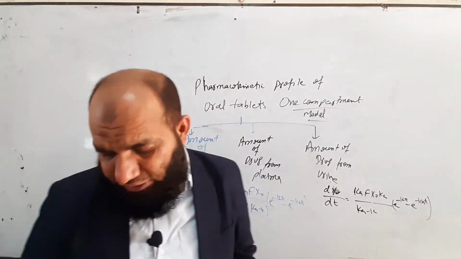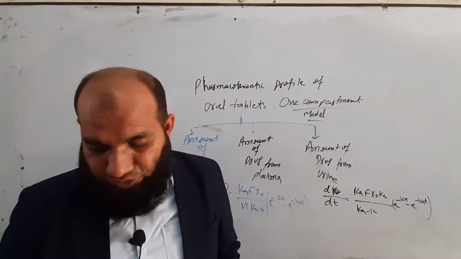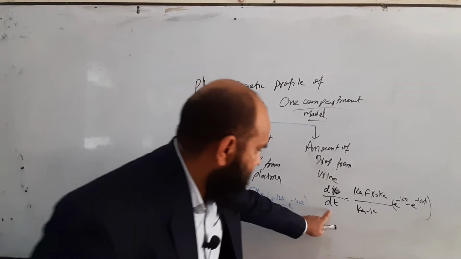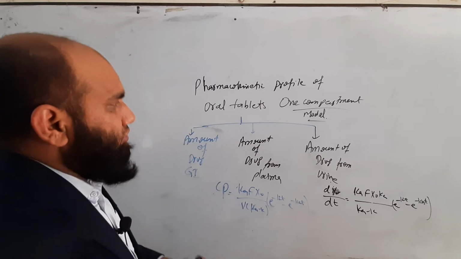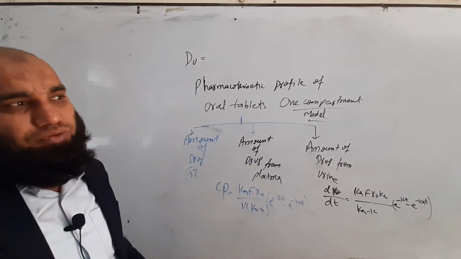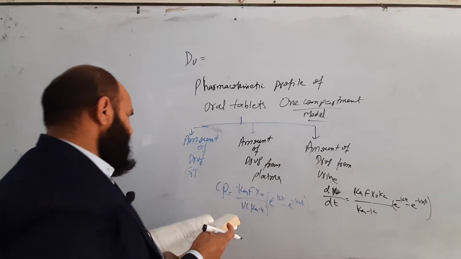For the cumulative amount, we already know Xu, the exact amount of drug present in urine, when we calculate using the one compartment oral concept.